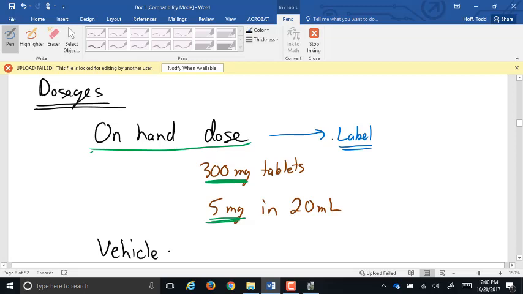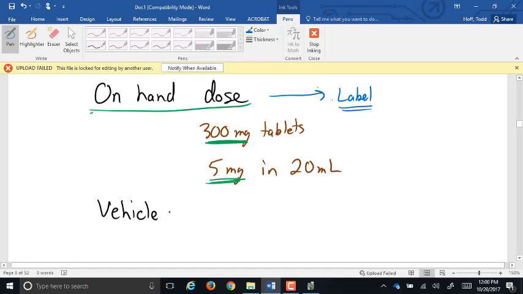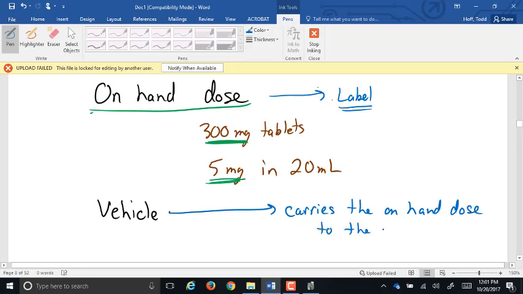The vehicle carries the on-hand dose to the patient.